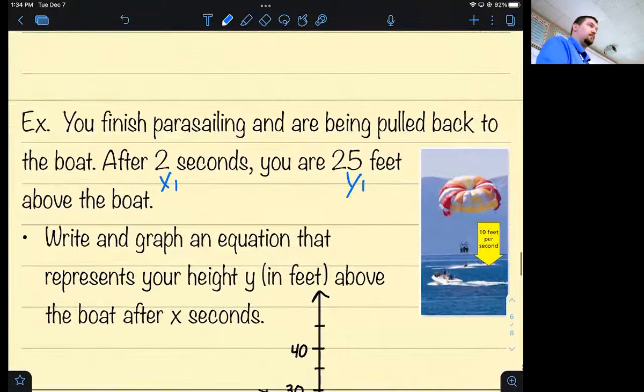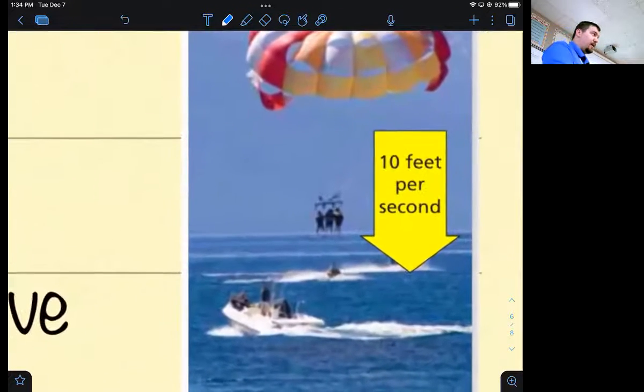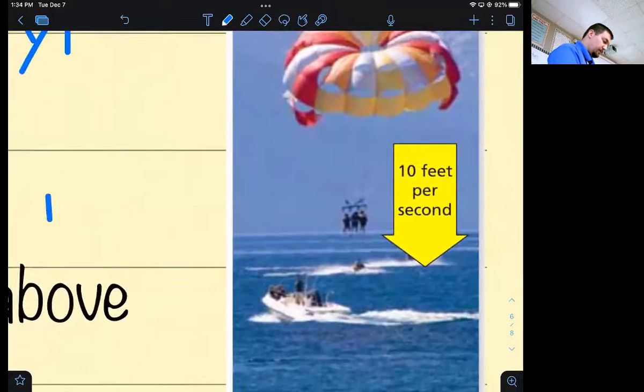Where's our slope at? Do you see it, Maddox? Yeah, it's on the picture. Maddox, be very careful here. Tell me what our slope is. Nope. Be very, very careful. Nope. Be very, very careful. Deegan?